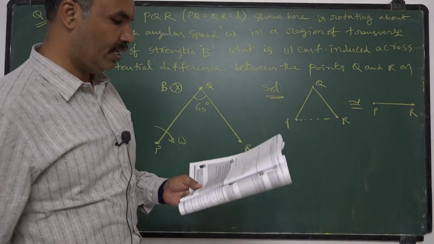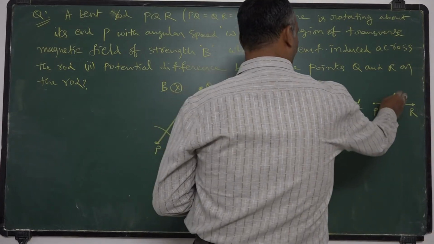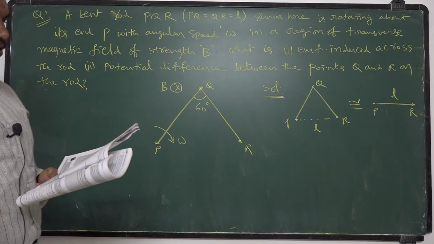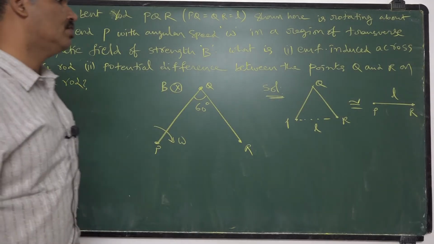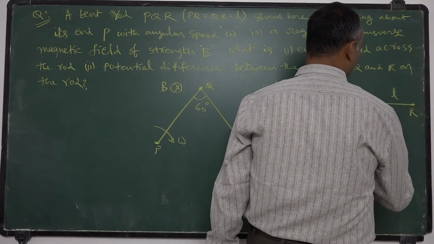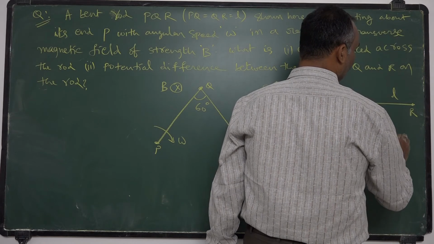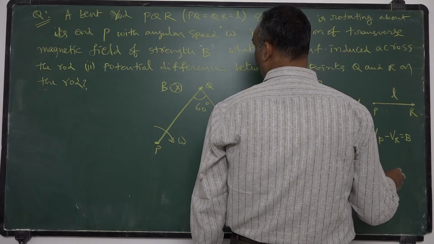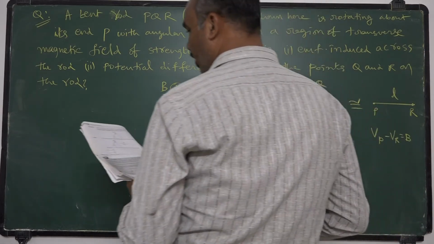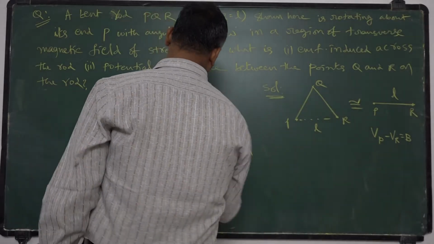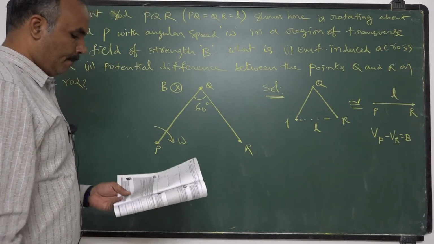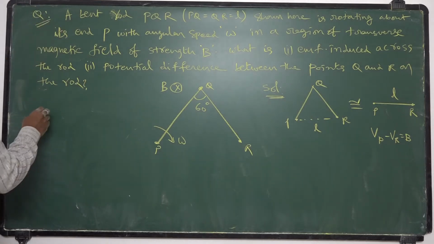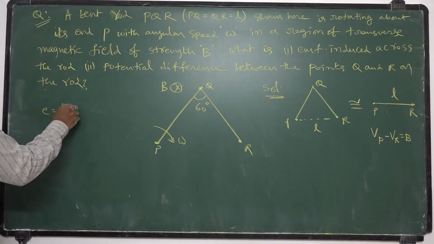Let me take this effective length as L. So the potential difference between these two points, Vp minus Vr, is equal to B. As per the question, it is rotating with angular velocity omega, so E is equal to half B omega L square.